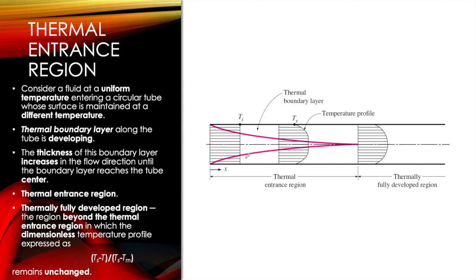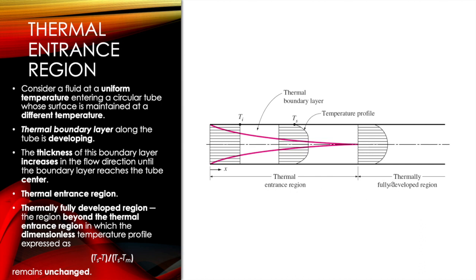Okay, the thermal boundary layer along the tube is developing, and the thickness of this boundary layer increases in the flow direction until the boundary layer reaches the tube center. Okay, we have the thermal entrance region here, and then the thermally fully developed region.